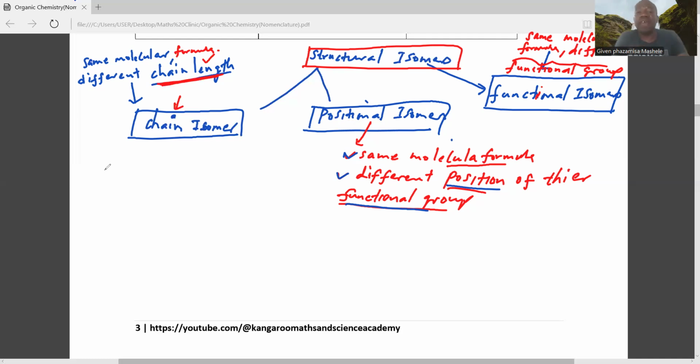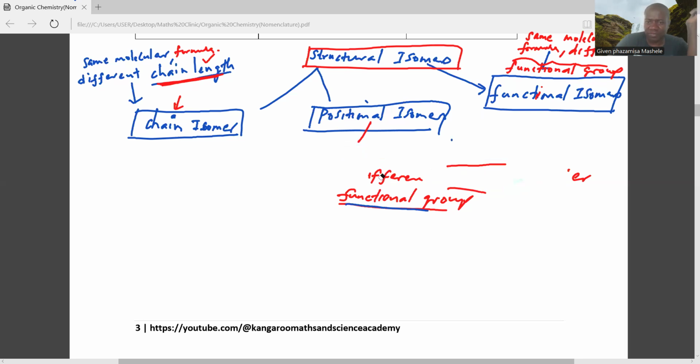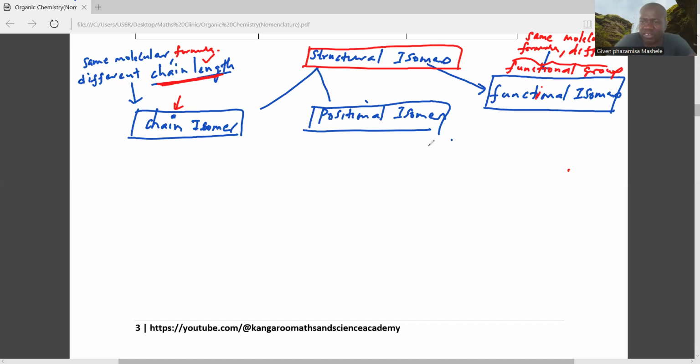So let's now give examples, to be able to differentiate between the chain isomer, the positional isomer, and the functional isomer. But I want you guys to note this. When we talk about functional isomer, you must know in your exam, it can be either an aldehyde or a ketone.